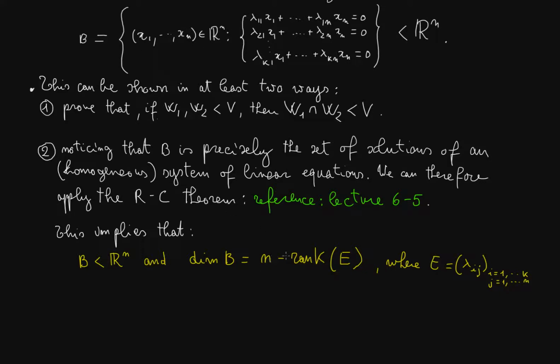So n minus the rank of the associated matrix, whether it be the incomplete or the complete does not make any difference in this case, because we already know that there is a solution. Homogeneous systems of linear equations always have a solution, namely the zero solution. So we don't really have to check whether the ranks of the incomplete and the complete matrix coincide.